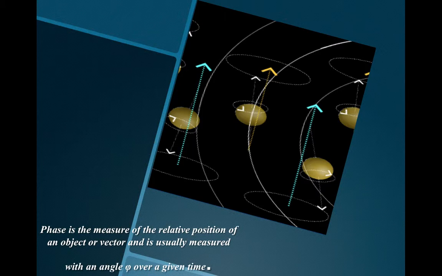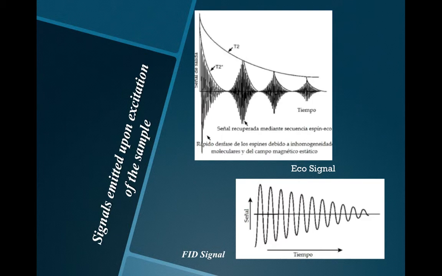The other process occurring simultaneously with T1 relaxation is the loss of the phase coherence of the spin, or T2 relaxation. Signals are emitted upon excitation of the sample. In this case, two signals.